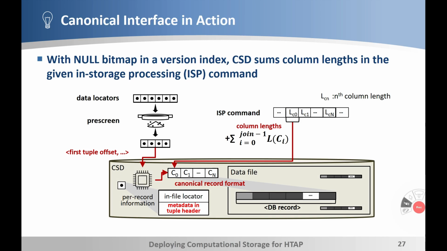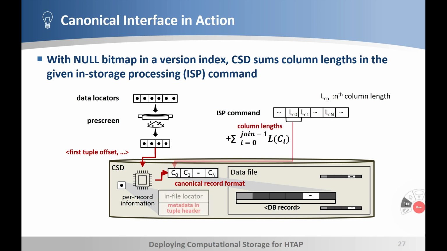So, CSD can calculate column offsets with no knowledge of engine-specific semantics. For example, if the index of a target column is n, CSD can calculate its offset by summing column lengths from 0, 1 to n.